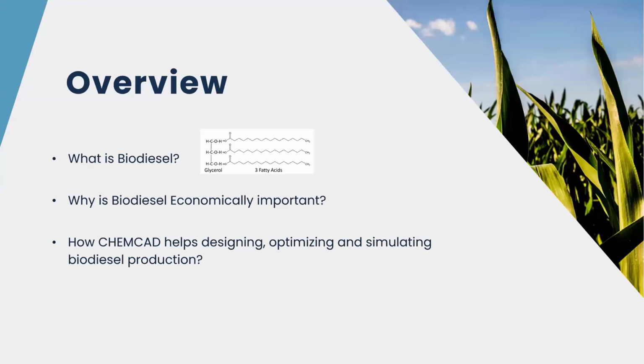You can model key operations for the process, such as reactors, separators, heat exchangers, etc. ChemCAD also helps you evaluate different feedstocks and project product yield in case you have different sources for your feedstocks, and assess operating costs and improve sustainability.